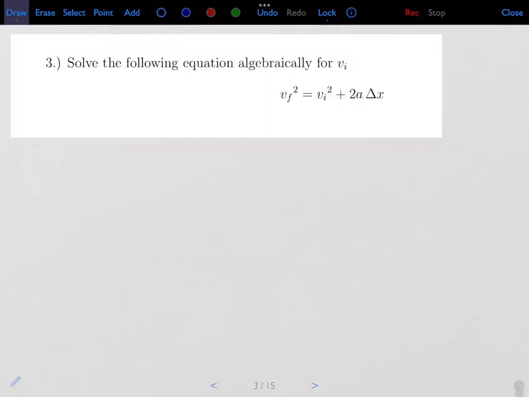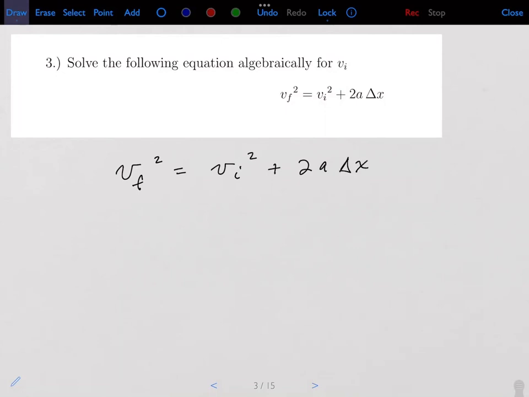Let's see. It says solve the following equation algebraically for vi. So now we need to isolate that v initial term. So first, I want to isolate the vi squared term. Okay, so let me write this down again. So v final squared equals v initial squared plus 2a delta x.